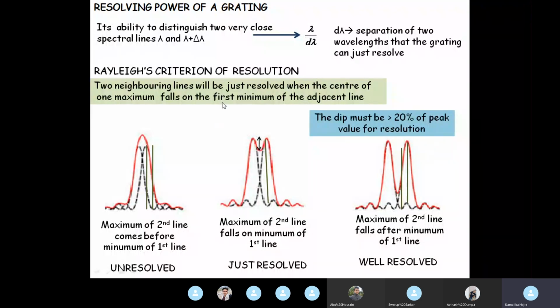This dip over here must be at least 20% of the peak value for resolution. Here there is no dip. Even if there is a very small dip, it won't be seen as two separate lines. The dip must be at least 20% or greater. Here the dip is pretty large, so you can see them as two separate peaks. Here the dip is just 20% of the peak value. So this is the condition for resolution. All right.